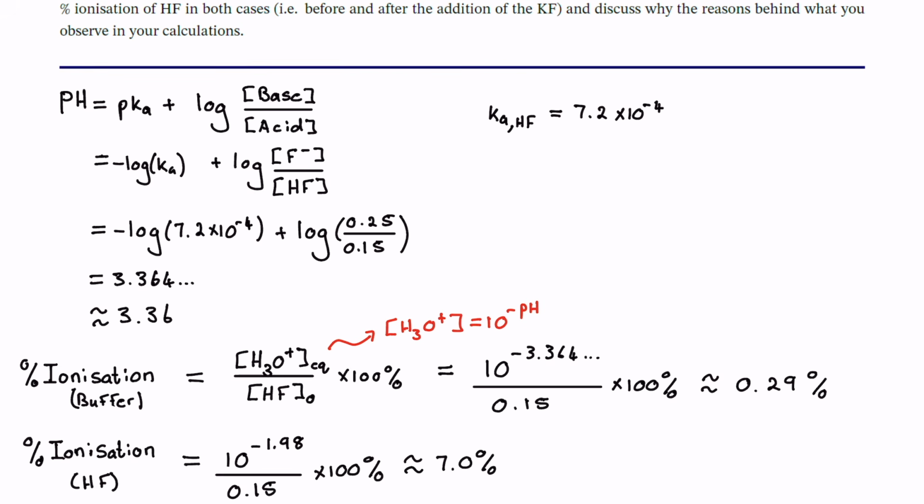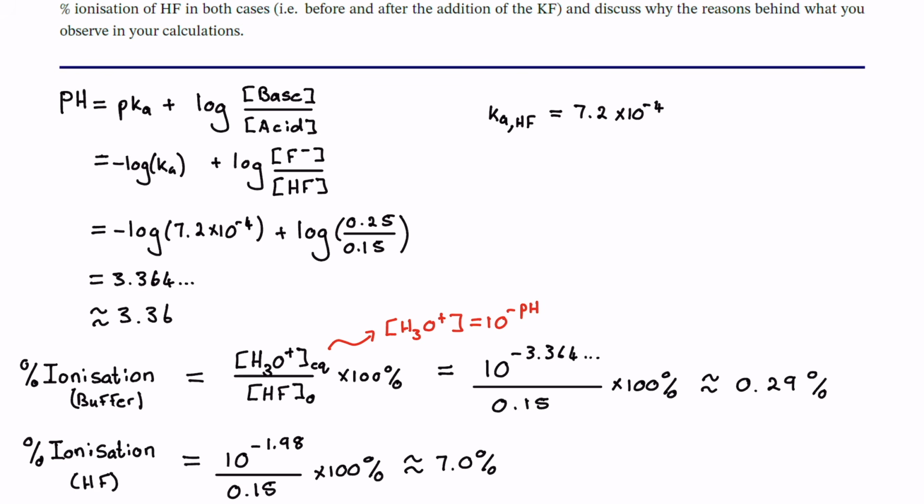So 7% of the HF will ionize if it does not already have some of its conjugate base present in solution. And that makes a lot of sense. That is the effect of a common ion. A common ion will reduce the percentage of ionization of the acid, and that is what we call a buffer solution.